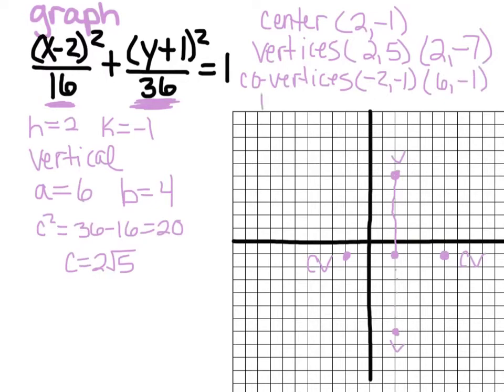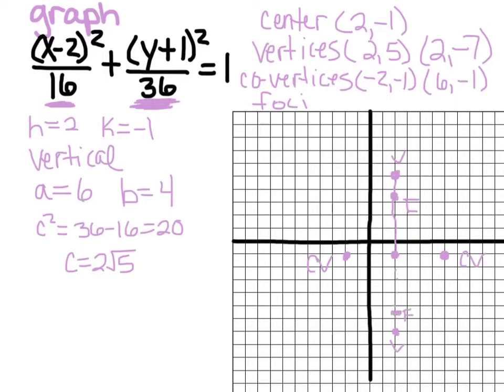And then our foci are going to be 2√5 units away from the center. Remember, 2√5 is about 4.5, but I don't want you to say about 4.5. The only reason you need to know that is so that you can count on your graph. 1, 2, 3, 4.5.